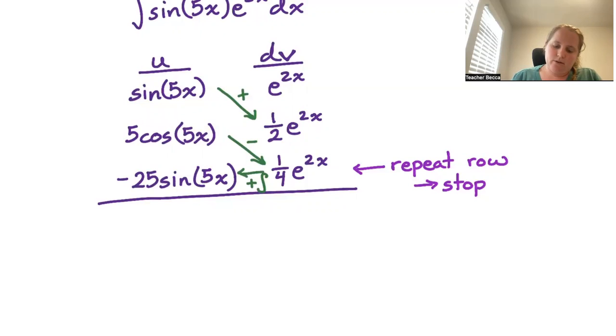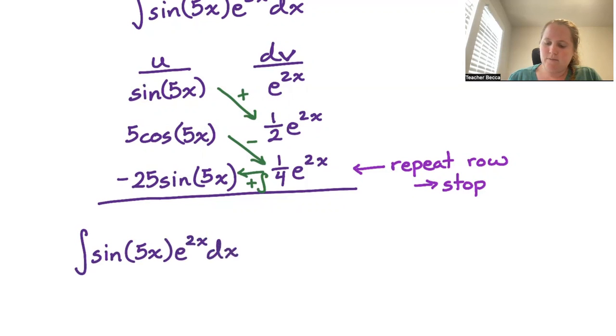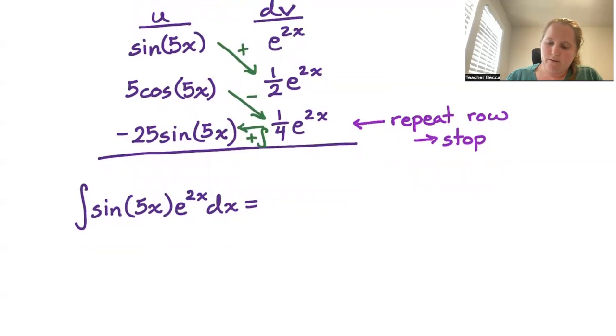So we have the integral of sine of 5x times e to the 2x dx is equal to, we will have a positive sine of 5x times 1/2 e to the 2x.